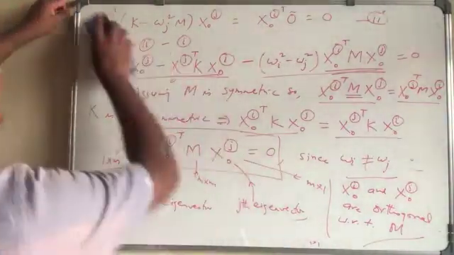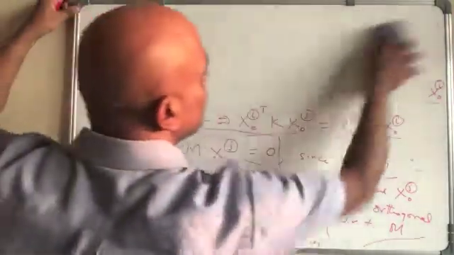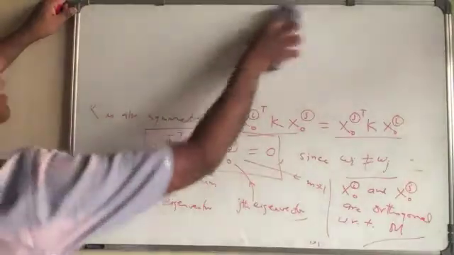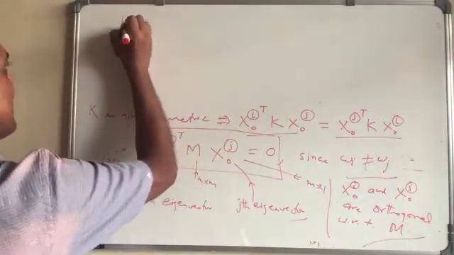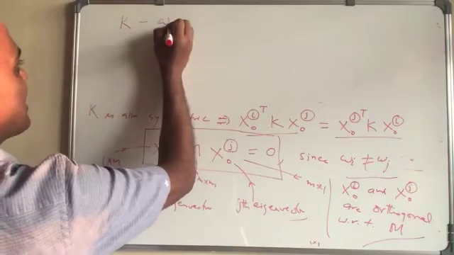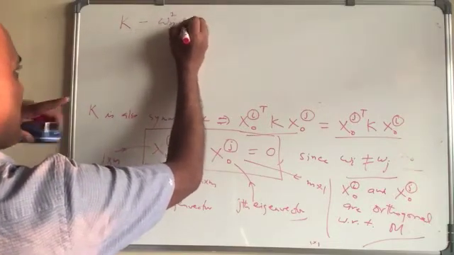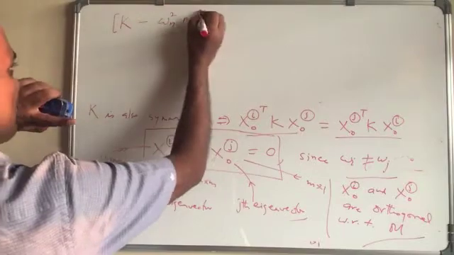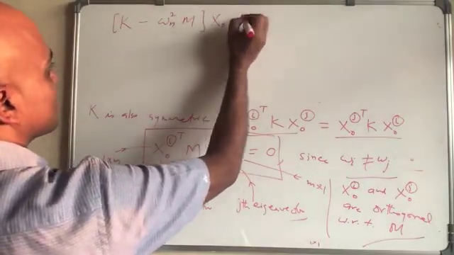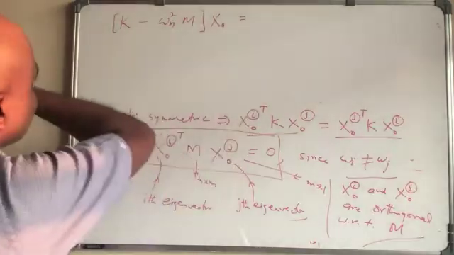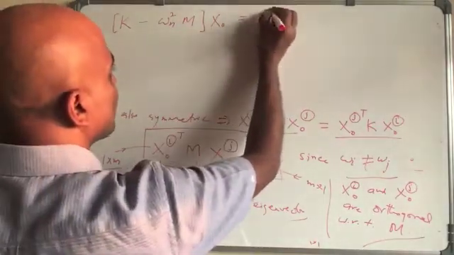So to begin with, remember our equation was K minus omega_n squared M, and then we wrote x_0 equal to 0, the zero vector like this one.